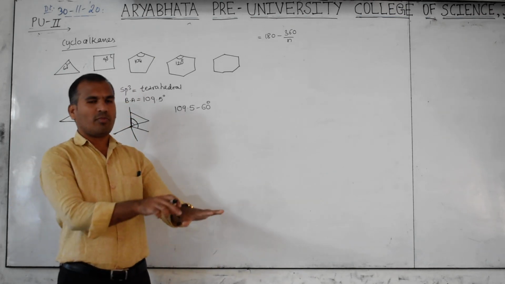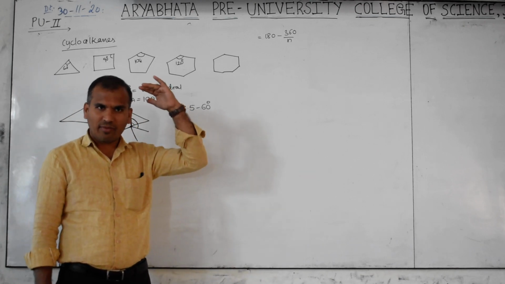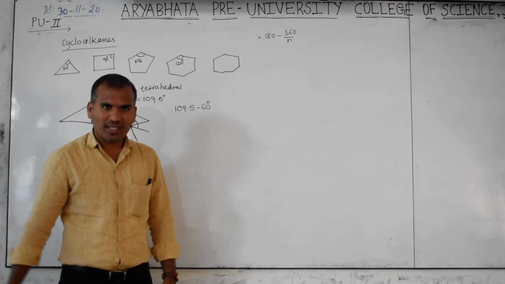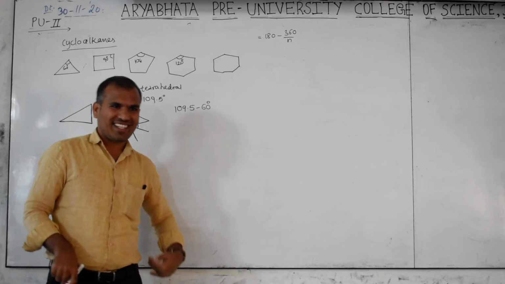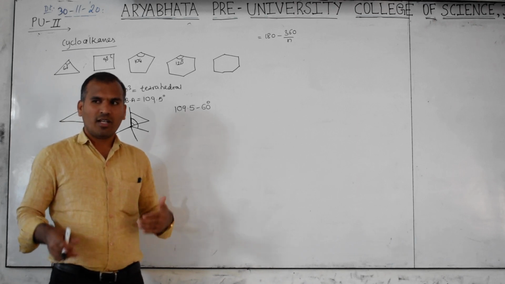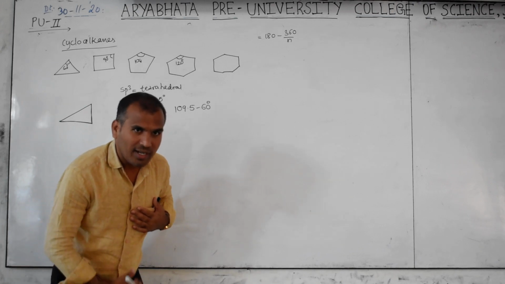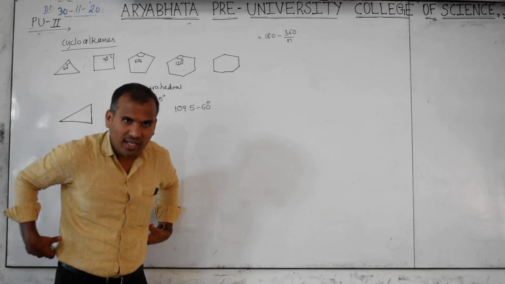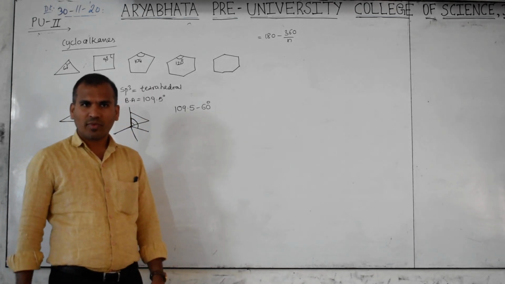For example, this is a 180 degree angle. Now I am at 180. If I bend, what happens to the angle? It decreases. Angle decrease means strain increases. Strain increase means stable or less stable? Less stable.